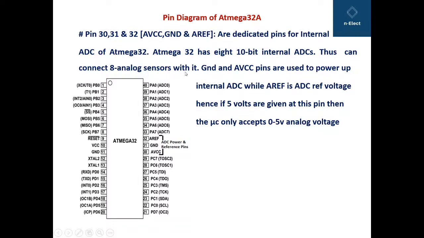Ground and AVCC pins are used to power up the internal ADCs, while AREF is the ADC reference voltage. Hence, if 5 volts are given at this pin, then the microcontroller only accepts 0 to 5 volt analog voltage.